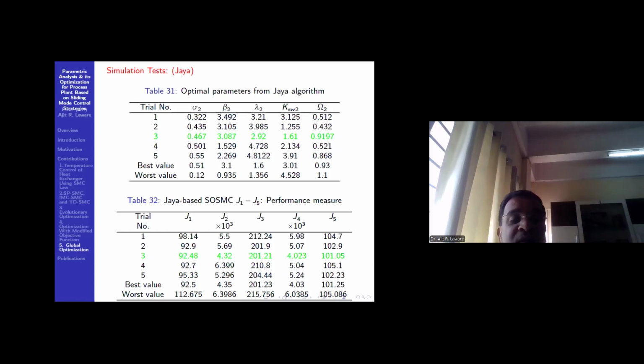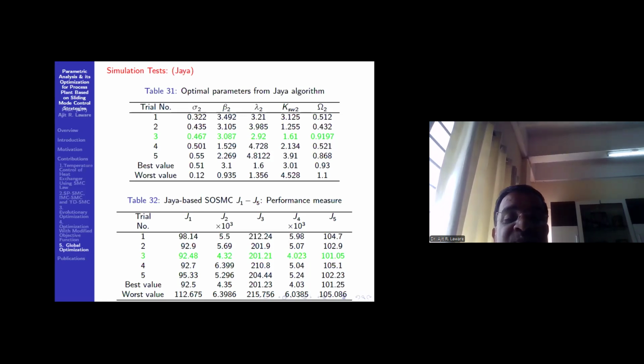I have considered 5 experimental trials here. Now compare tables 31 and 32. Just look at table number 32: at trial number 3, I am getting the minimum value of the objective function.